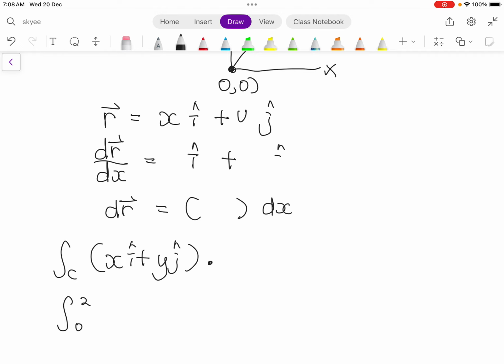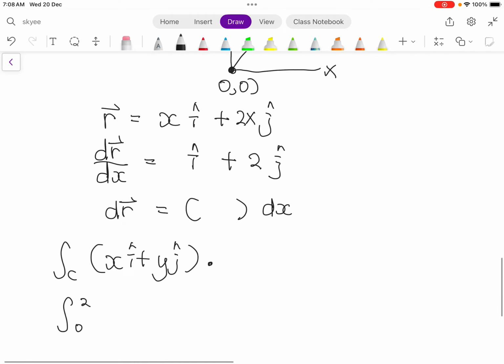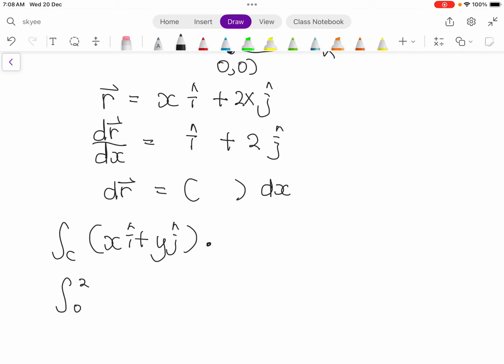So this is y, right? So you have to convert it into the 2x. Okay, 2x is here, so you get 2j. So it will be i plus 2j dx.